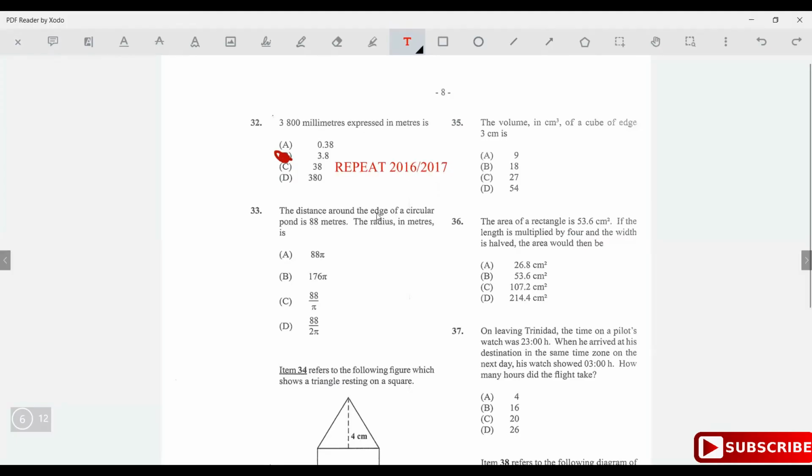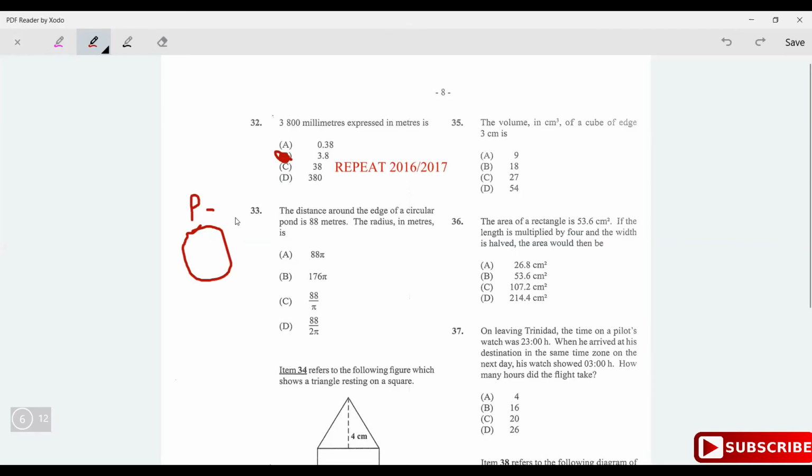The distance around the edge of a circular pond is 88 meters. Distance around, so we draw a circular pond and the distance around is 88 meters. So they're telling us that the perimeter is equal to 88. Then they ask us what is the radius. But we know perimeter is equal to 2 pi r.